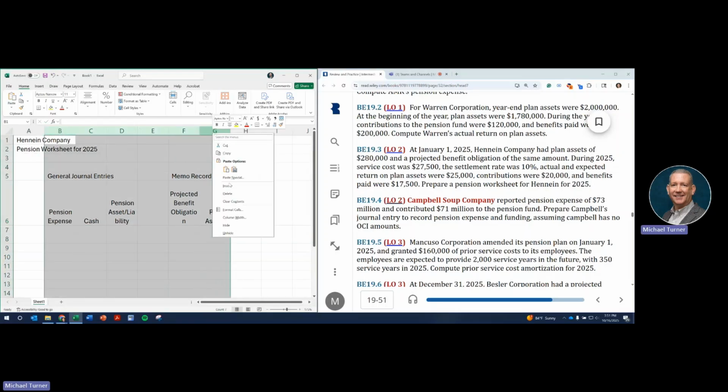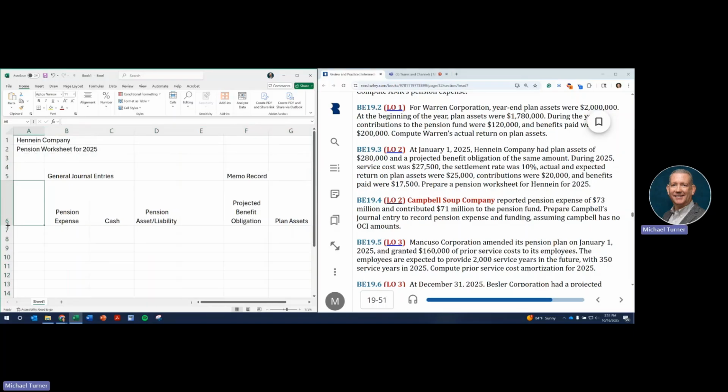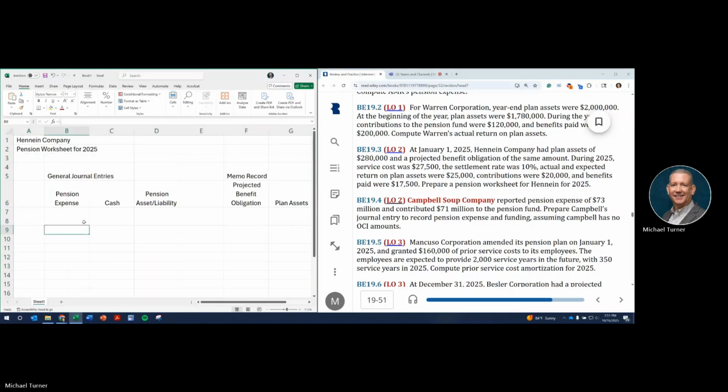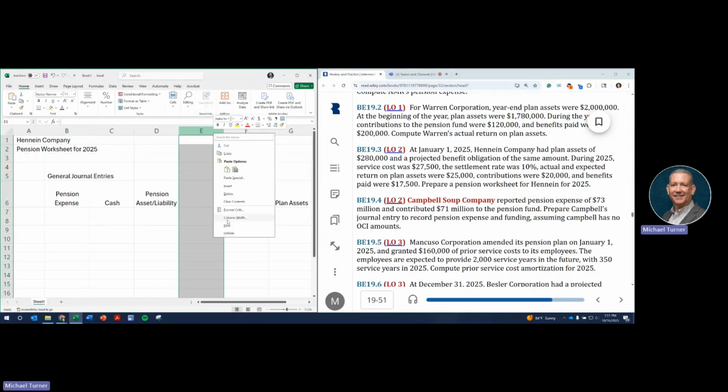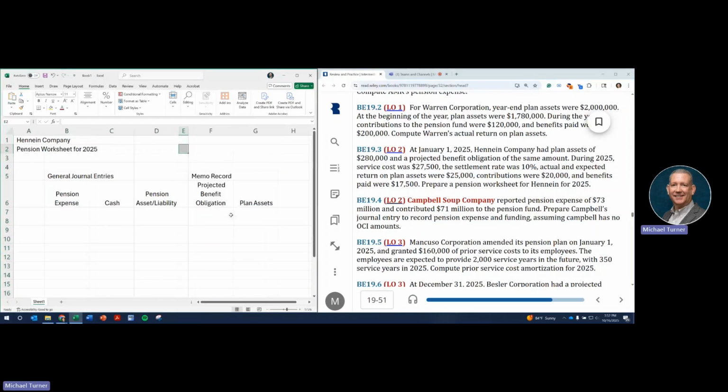Let's make the column a little wider. There we go. Now we're ready to schedule in our items.